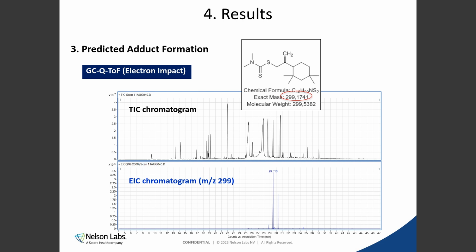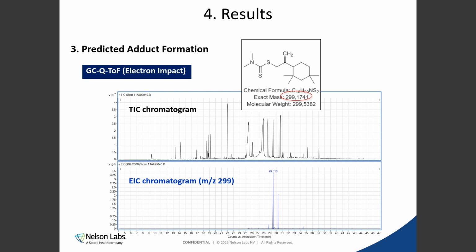In this case, if you see the full chromatogram and you extract from it the selected mass that you would expect, then you can find a certain peak on that chromatogram that is typical for that expected compound.